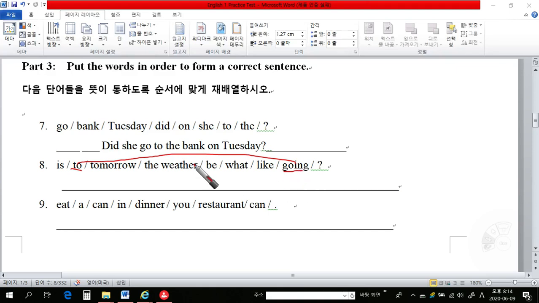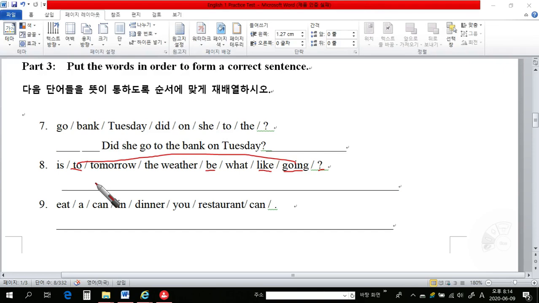Now, going to usually precedes a verb. Weather could be a verb, but not "the weather." The indicates this is a noun. Like and be, I'm not sure which is the verb. Usually the be verb, if it's in a yes or no question, and we know it's a question, would be in another form, like are or is or am.